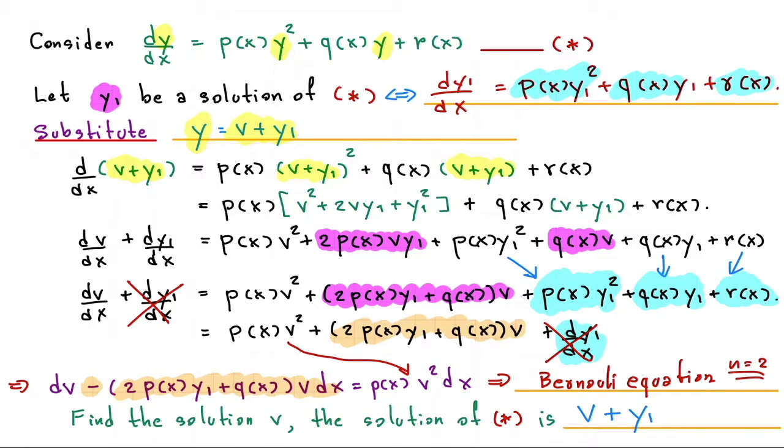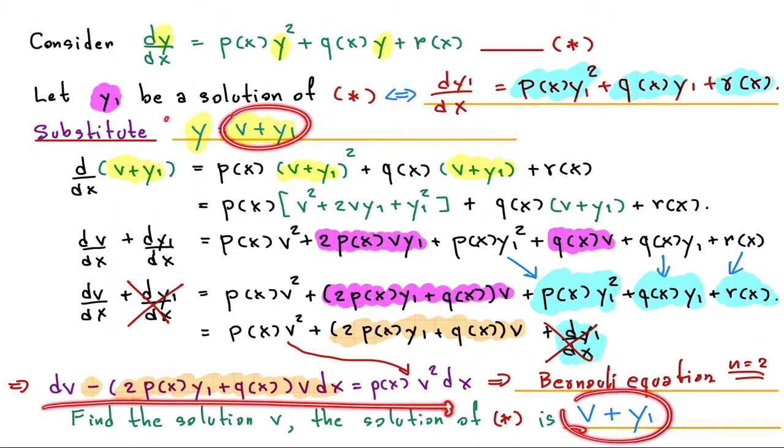Because we want to know y, but we let y be v plus y1, but y1 is known because it's a solution. So from this equation we can get v, we can solve for v. So when we get v, the solution will be v plus y1, which is the y that we want.